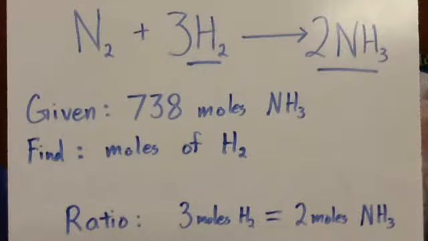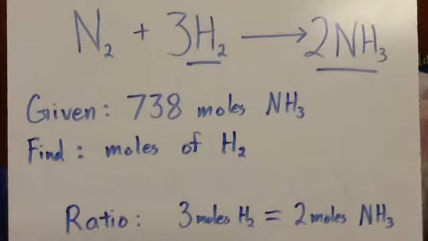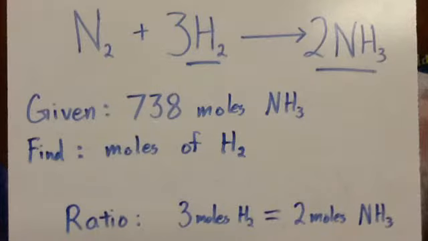Alright, so it's important to think about what we are given and what we're being asked to find. In this question, we were given 738 moles of NH3, 738 moles of ammonia.